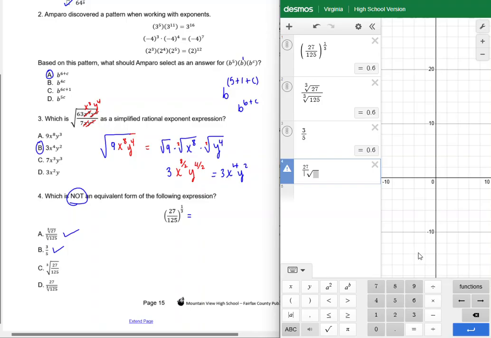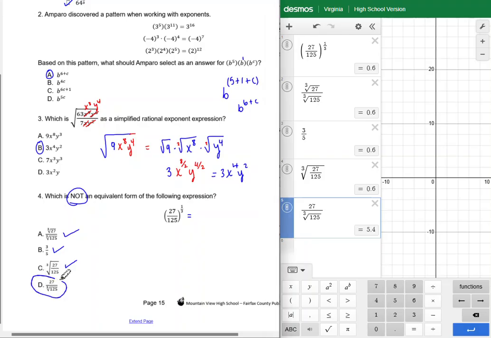Oops, sorry, that's supposed to be cube root, my bad. There you go. That was also equivalent. And then the last one, cube root of 125. And that one's not equivalent. Since it's asking for not equivalent, that's the one that's not equivalent.